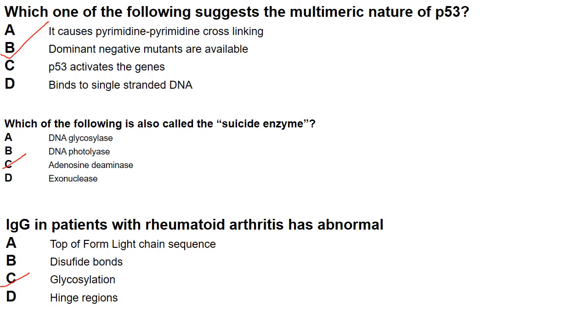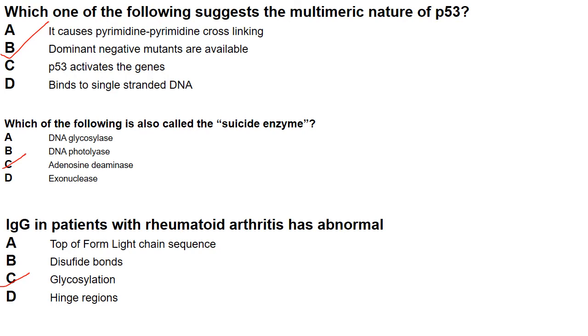Now, dominant negative mutation is a mutation whose gene product adversely affects the normal wild type gene product within the same cell. That is, a mutant will affect the wild type gene product within the same cell. That is called dominant negative mutants.